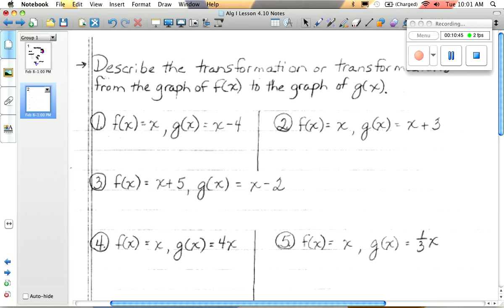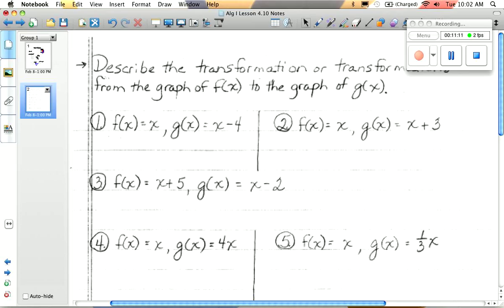Okay, before you do anything else, what do you think is going to be the transformation here? What do you think is going to happen from f(x) to g(x)? Which transformation or transformations would happen? Translation.